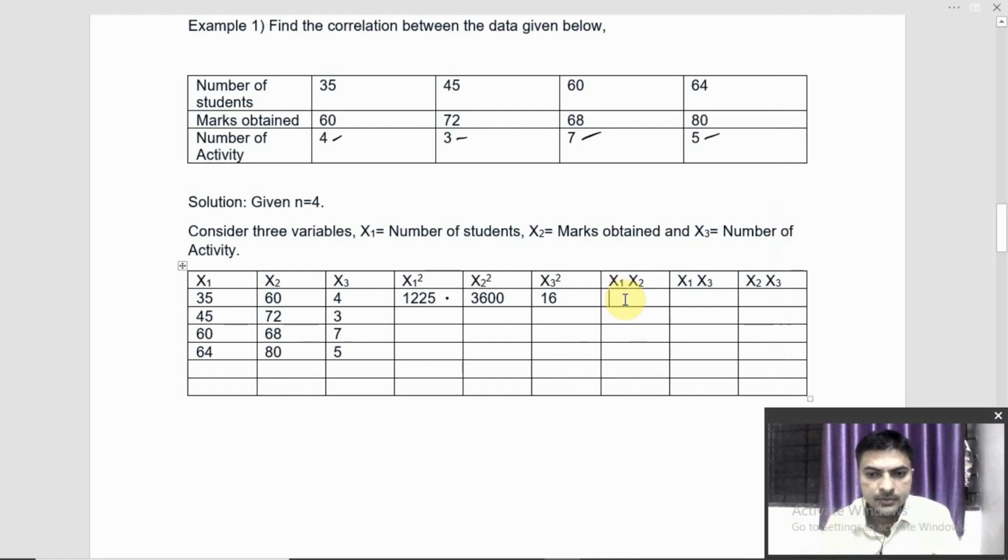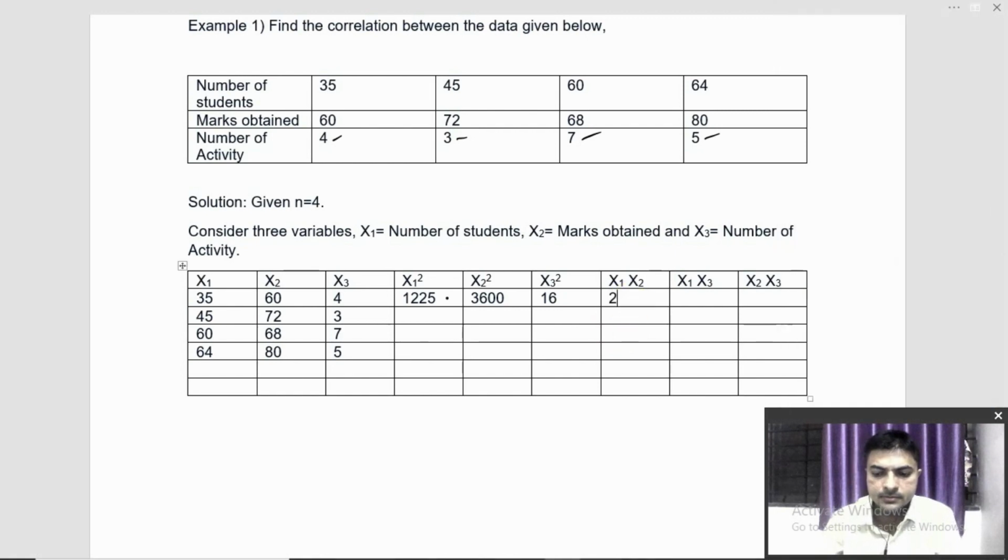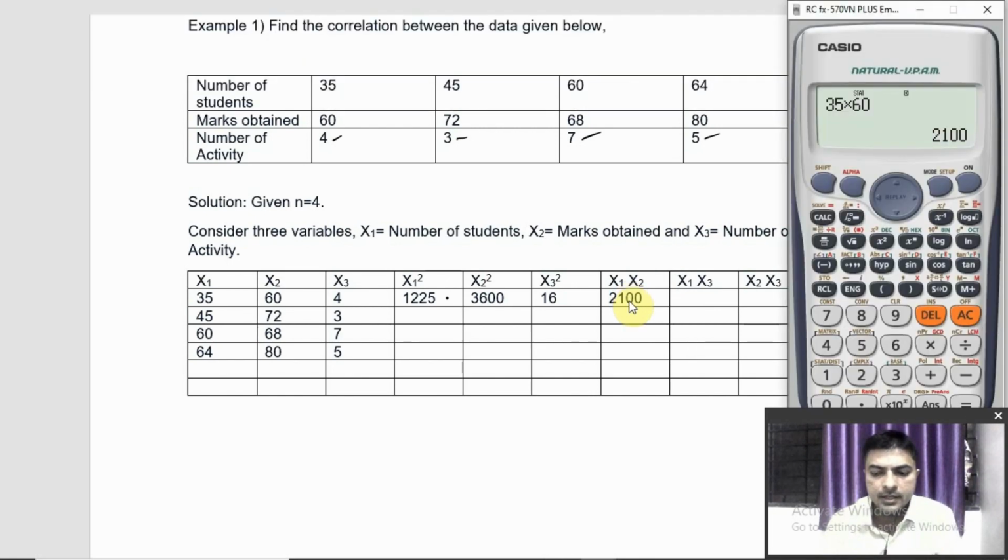Then x1 into x2, 35 into 60, it is 2100. Next one, x1 into x3, 35 into 4.